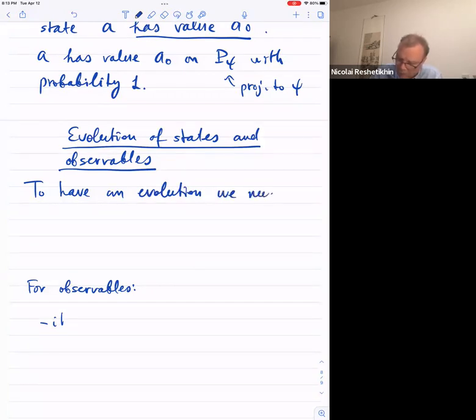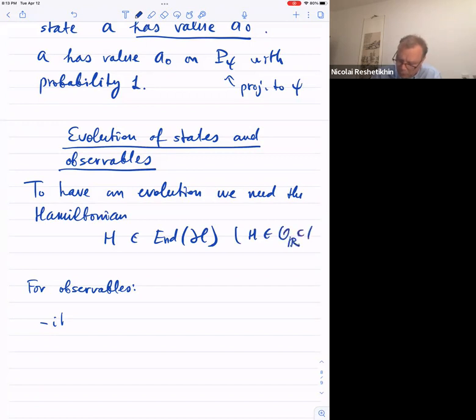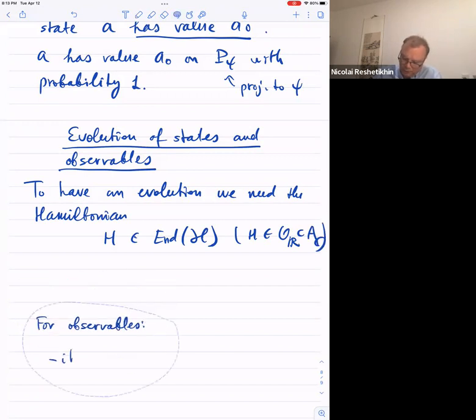We need the Hamiltonian. That's an operator in our Hilbert space, or an element of our algebra of observables, which is actually an observable. In other words, it should be self-adjoint.